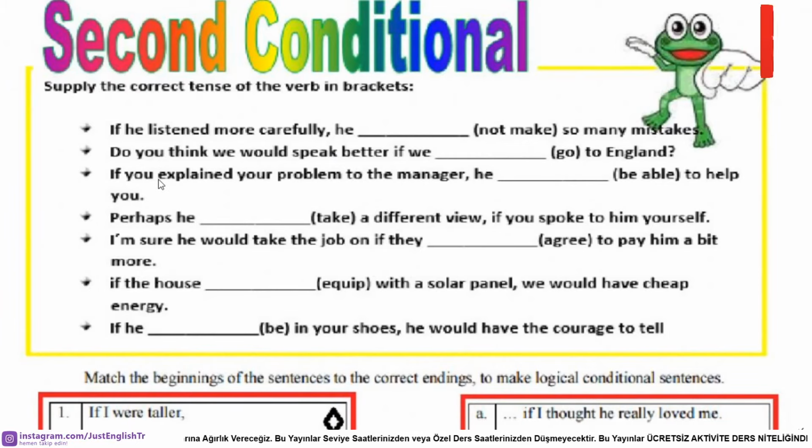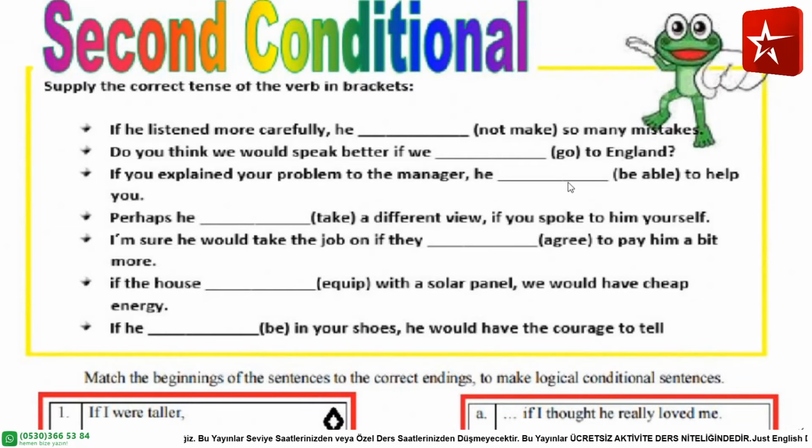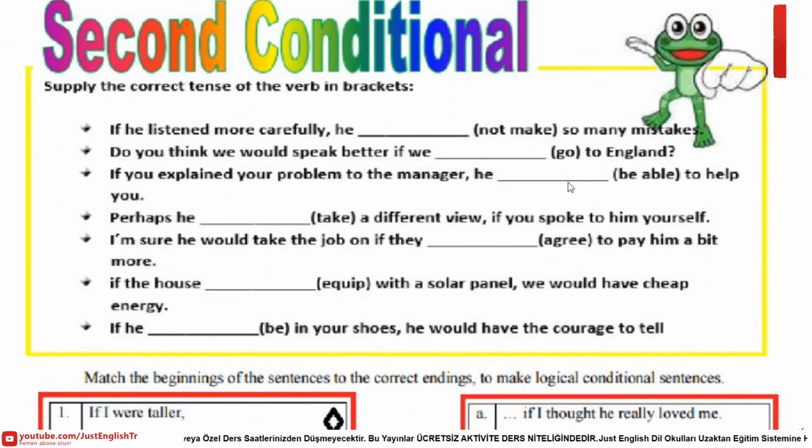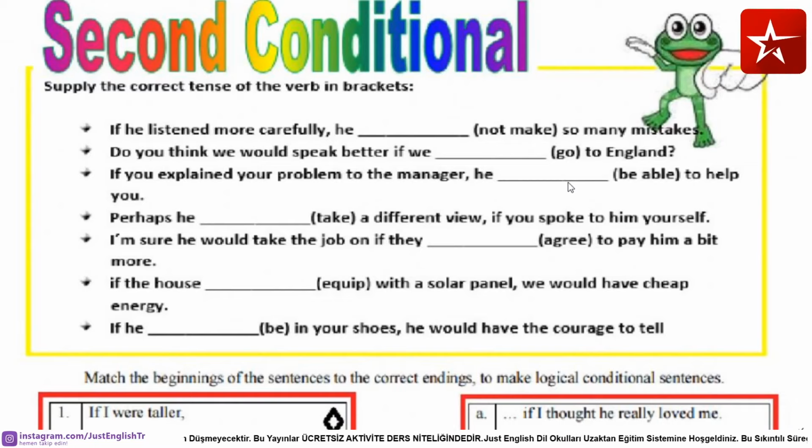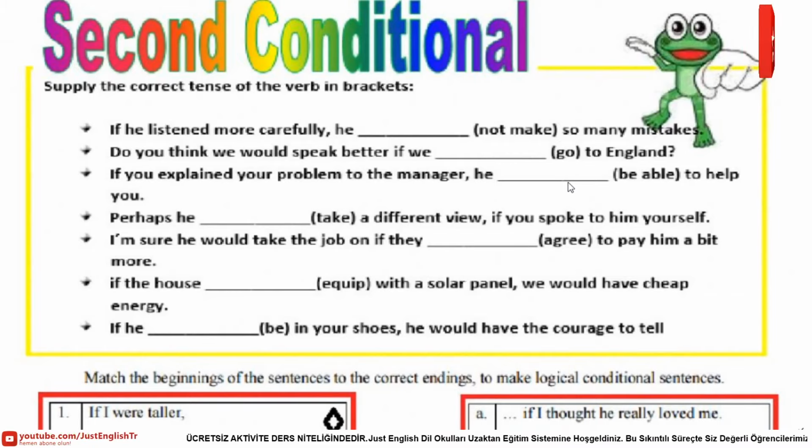Okay, the next one, if you explained your problem to the manager. This one is really interesting, and I will look through all the comments, and which one is correct I will tell you. Okay, I am waiting for your answers to this sentence.